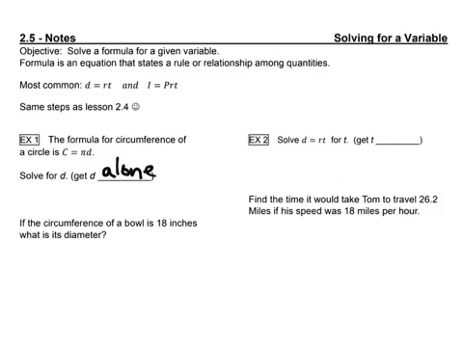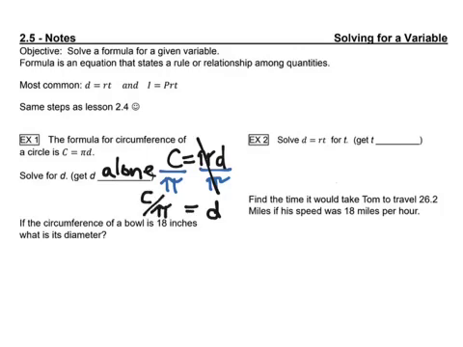So if we have c equals pi times d, well, pi is being multiplied by d, and we want to get d alone, so we're going to divide by pi on both sides. On the right side, pi over pi is 1, so we have 1d equals c over pi. So diameter equals circumference over pi.